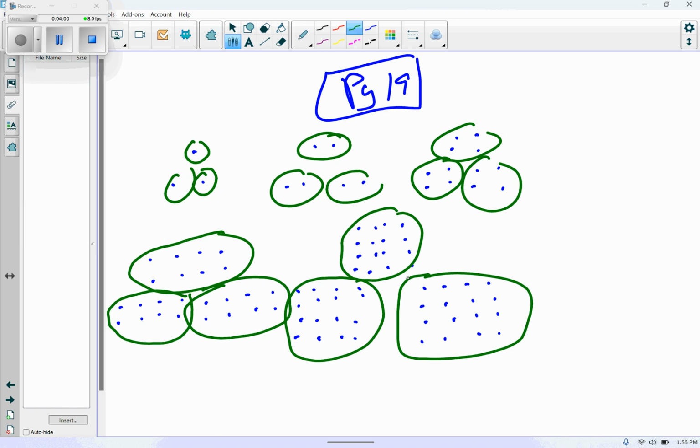So you have dots that are grouped. Agree? So does it look like it has a pattern to it? I think I'm visually, right? Just by a visual inspection, it looks like we have a pattern. Okay? You got your book? Page 19.